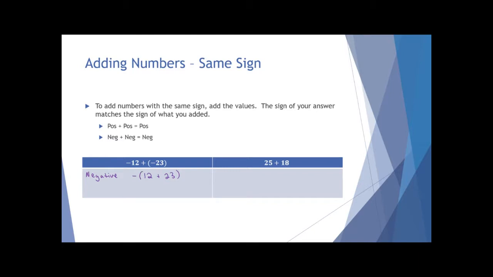I can even line it up if you want to go back old school. That's 35. Because both of these were negative, our answer is also negative. So negative 12 plus negative 23, you're getting even more negative. You can think of these as being in debt. You're in debt $12, and then you just spent another $23, so now you're in debt a total of $35.